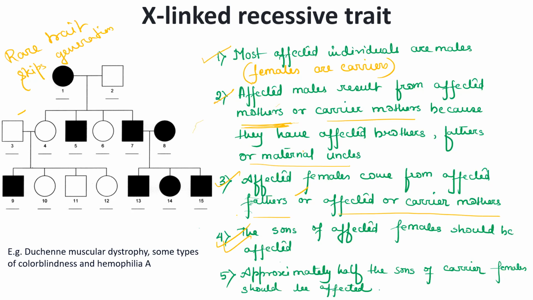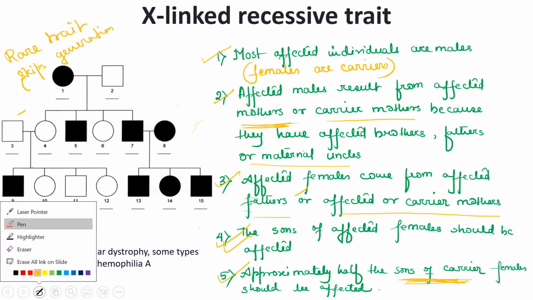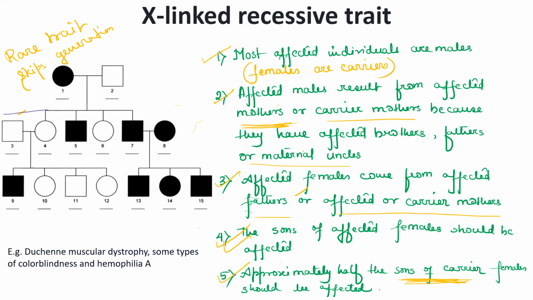Now, the last point: approximately half the sons of carrier females should be affected. If the female is a carrier, then chances are that 50% of her sons will be affected. Fine. Now, see this block, this part only.